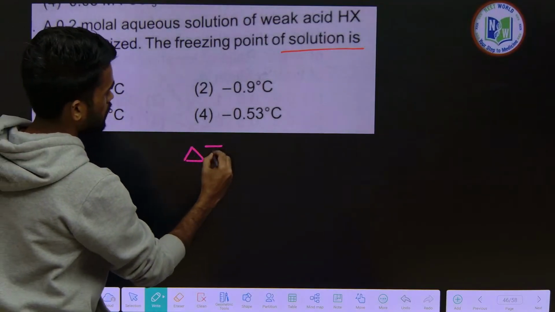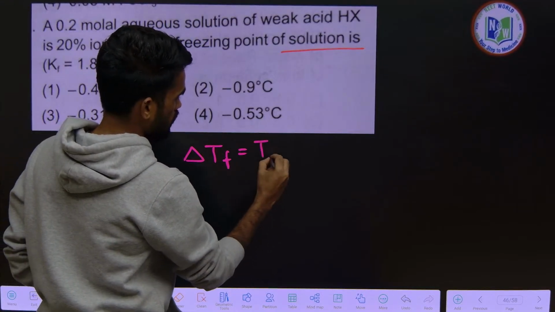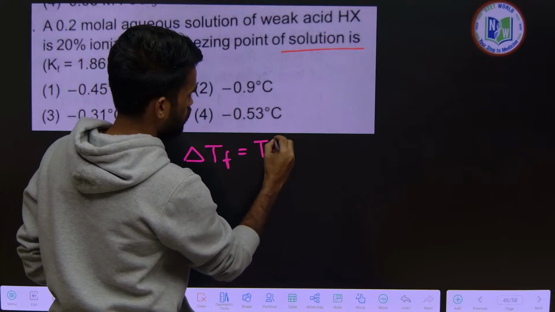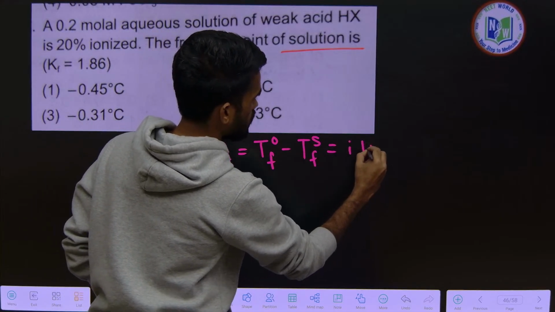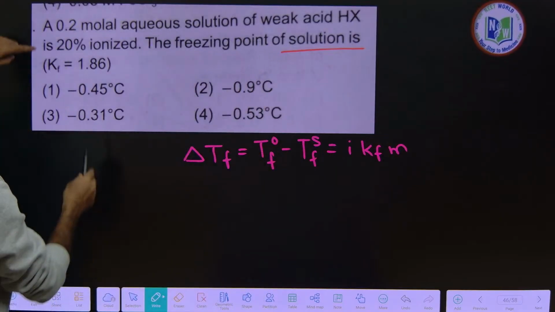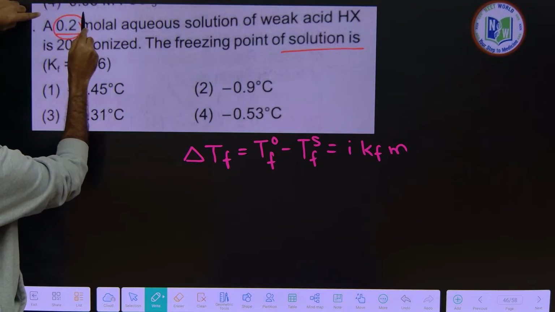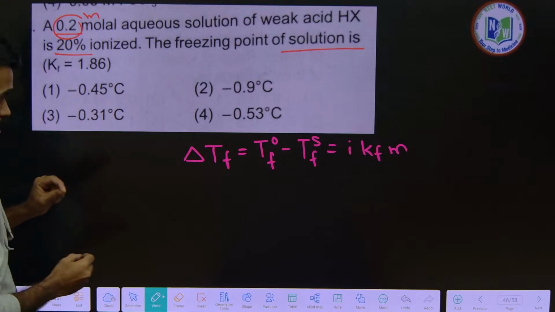So delta Tf is equal to T naught f minus Tf of the solution, equals i Kf m. What they mentioned is that 0.2 molality is given, small m is given, and the weak acid is 20% ionized.